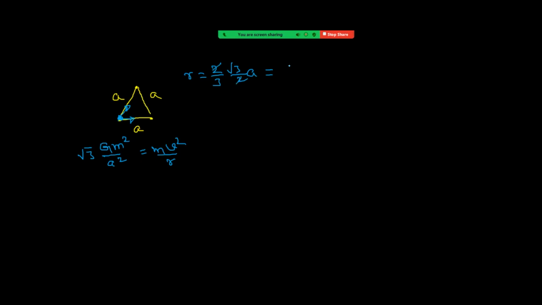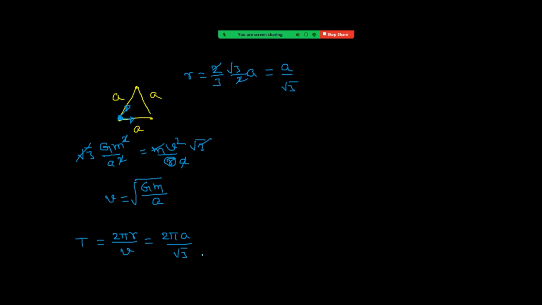Okay, already we have solved this question in previous lectures. A by root 3. Now substitute here a by root 3. Root 3 gets cancelled, and one mass gets cancelled here, and one a also gets cancelled. So v equal to root of Gm by a. And since the speed is constant, time period we can write as distance traveled, 2 pi r, by speed v. It is 2 pi r, value a by root 3.